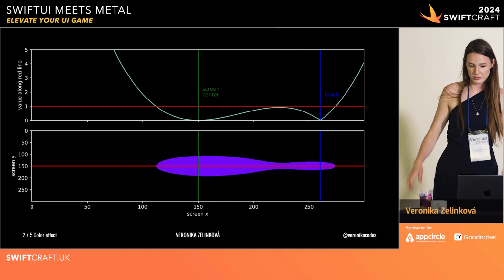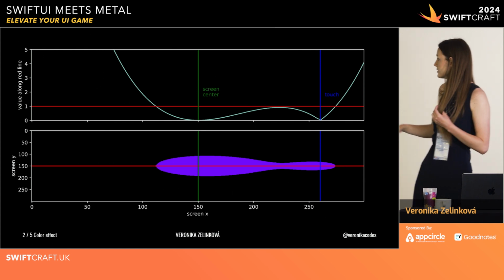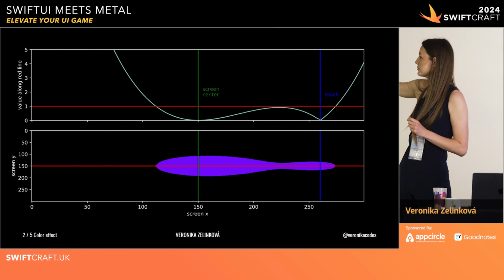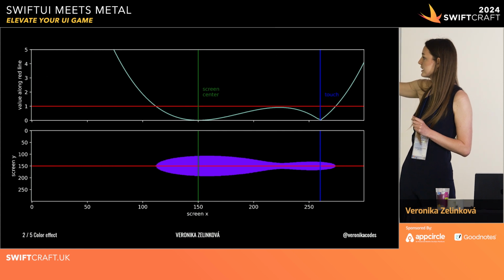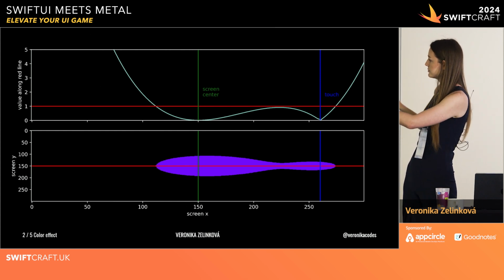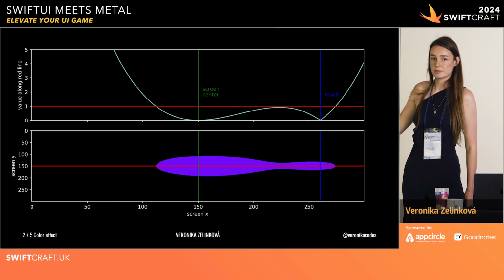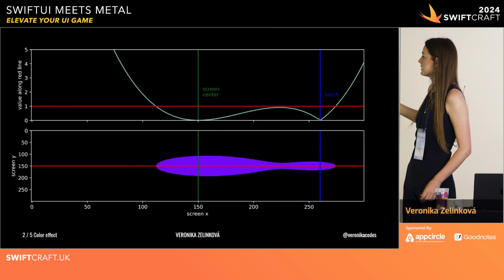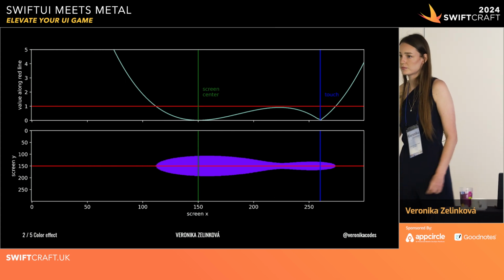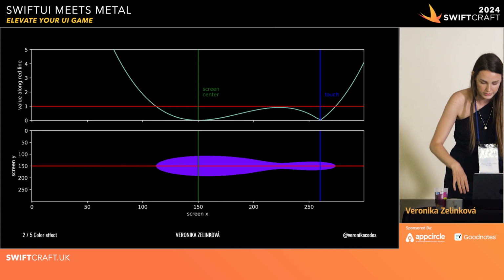If we see this on a 2D plane, this is the function. And if we look where the value is 1, everything that's under 1 we can draw with purple, and everything above 1 we can draw black, which would give us the shape which we are looking for.